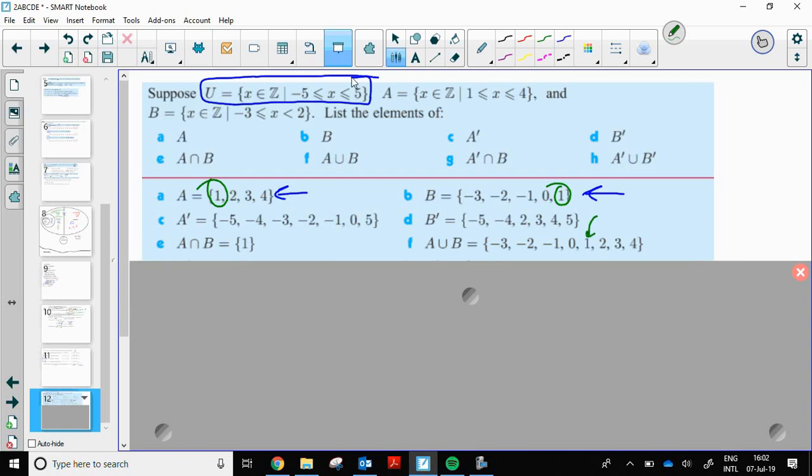And then for not A intersect not B, now we're just going to compare two different sets. We see that they both have a 0. Actually, we see that they both have 0 through -3.